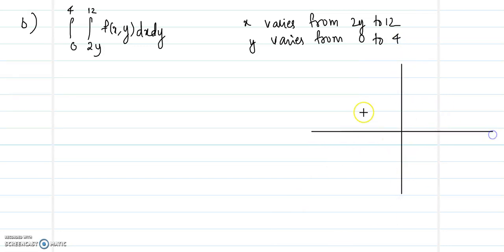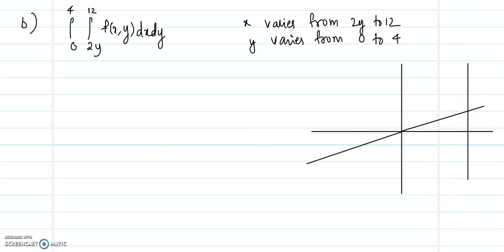The region is x varies from 2y to 12. So we have the line x equal to 2y, that is y equal to x by 2. So that will be this line. Then you have x equal to 12.